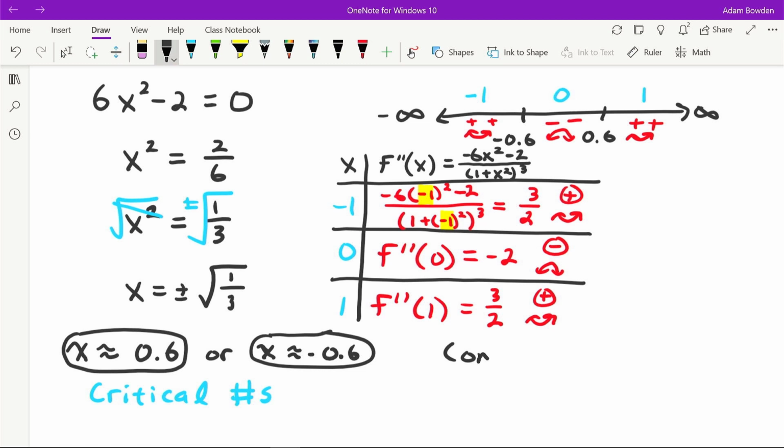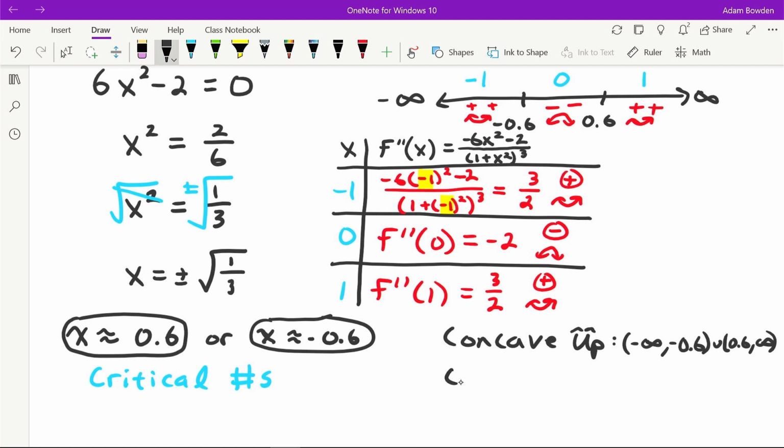So we can say this thing is concave up on the intervals from negative infinity to negative 0.6, union 0.6 to infinity. It's going to be concave down on the interval from negative 0.6 to positive 0.6.